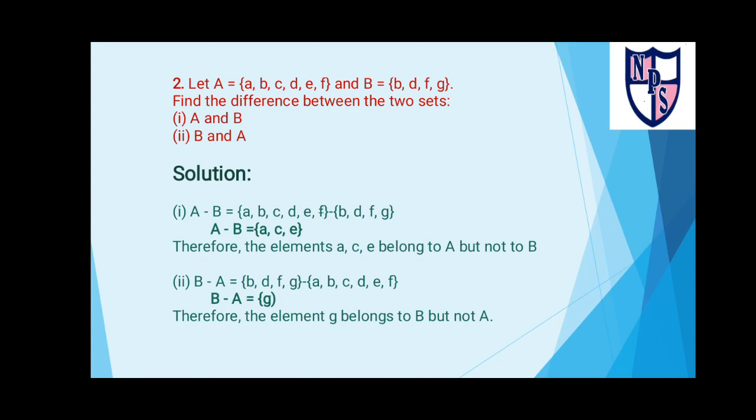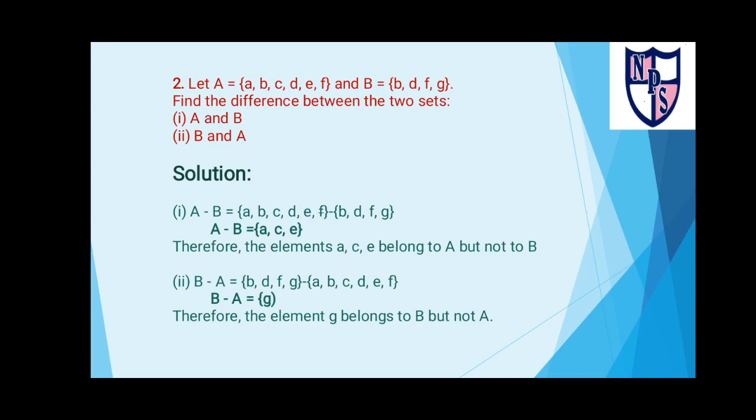First of all, we will find A minus B. Set A contains A, B, C, D, E and F, and set B contains B, D, F and G. So the difference between A and B is A, C and E. What we did? We dropped the elements that are common in A and B and wrote the remaining elements of set A. So the difference of A and B is A, C and E.